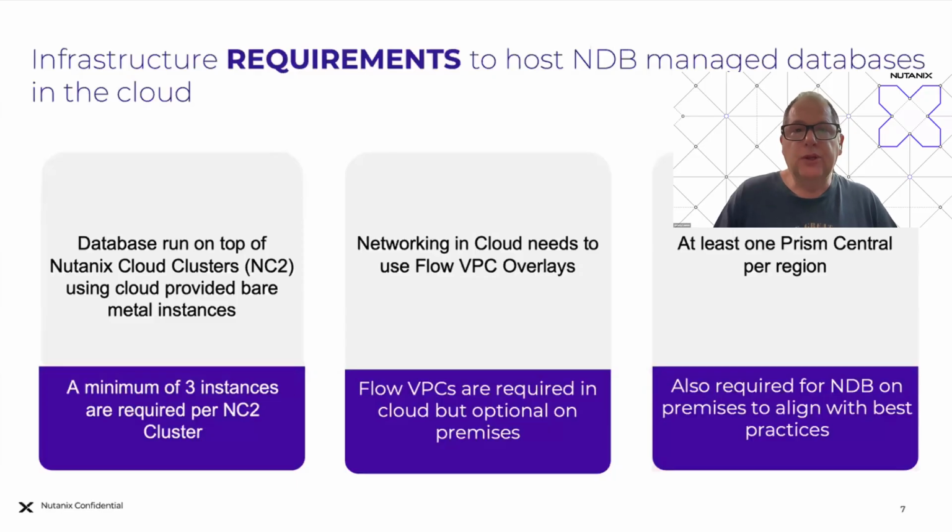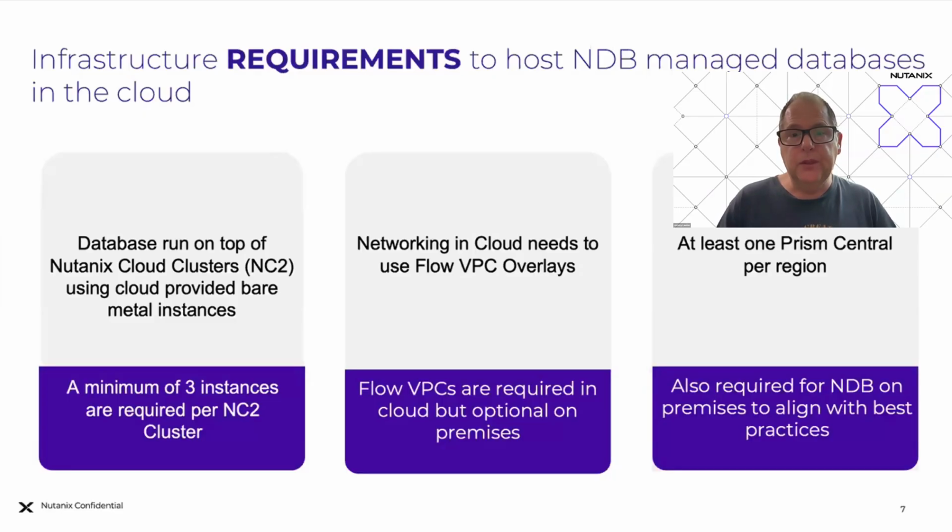A cloud cluster, just like on premises, requires three distinct servers, which we refer to as nodes, that have compute, RAM, and storage localized in that server, and that creates a distributed fabric for compute and for highly available storage. So it requires a minimum of three bare metal instances in the cloud for each NC2 cluster.